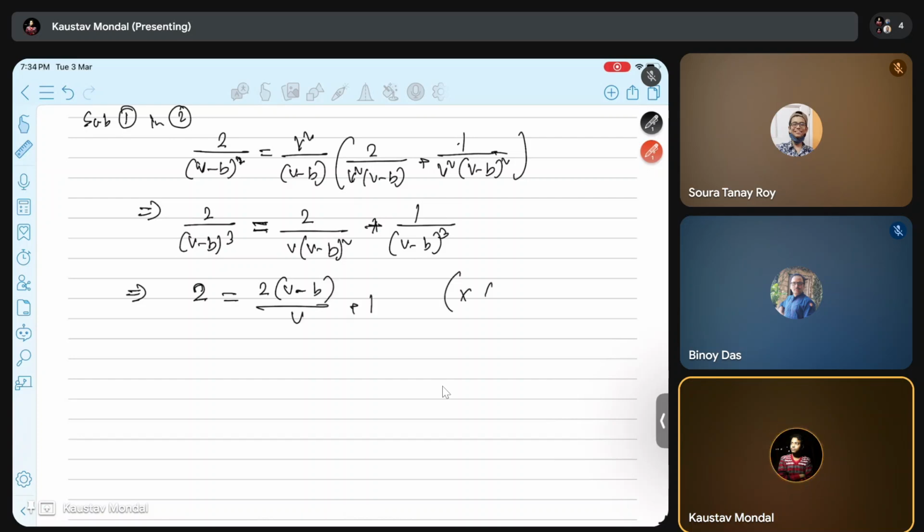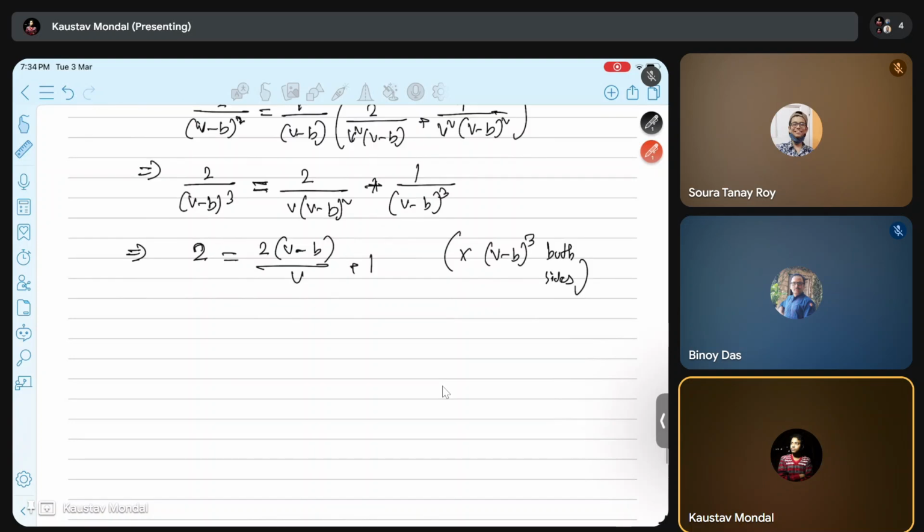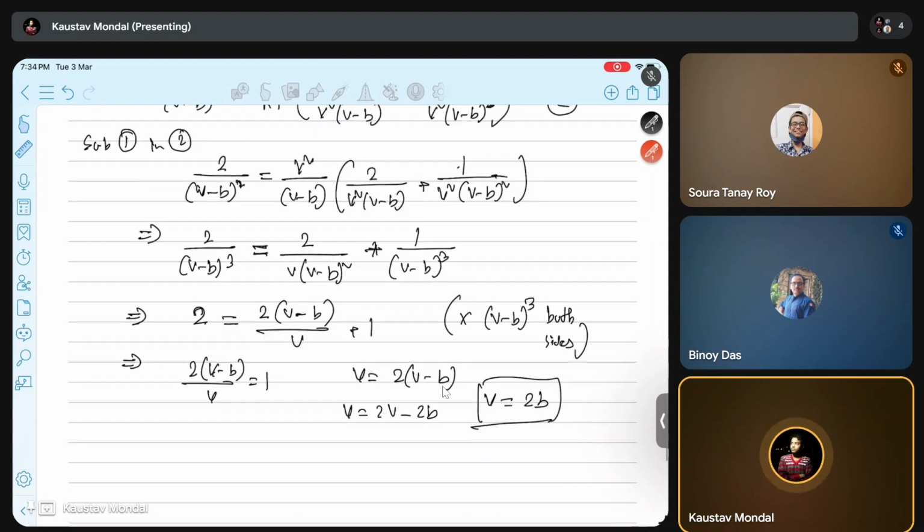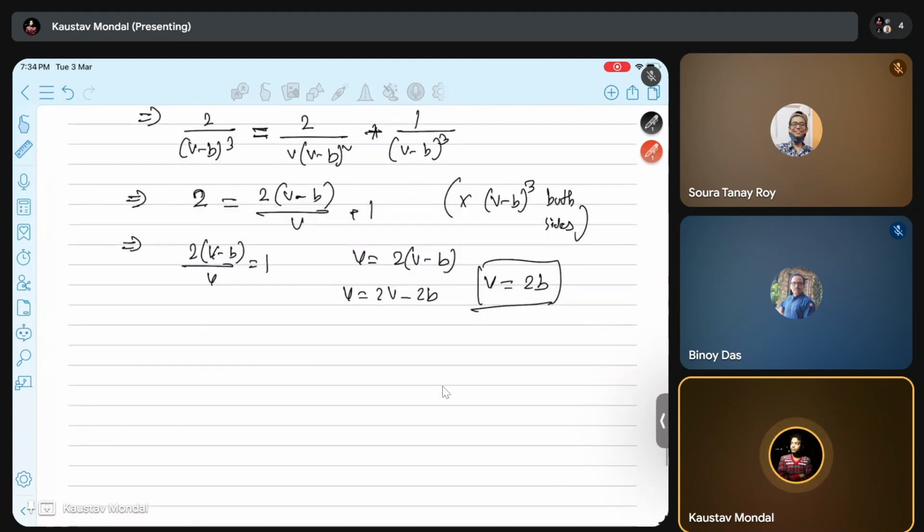This is multiplying V minus b cube on both sides. So in that case the equation reduces to 2 into V minus b by V equal to 1. That gives you V equal to 2V minus b. So V equal to 2V minus 2b, so V equal to 2b, right? So the critical volume Vc is basically 2b.